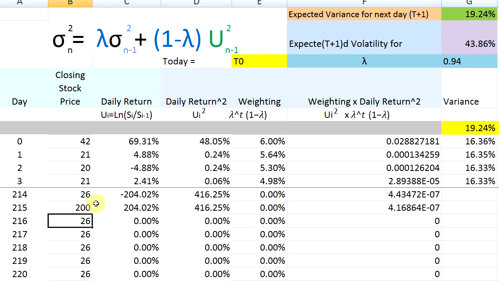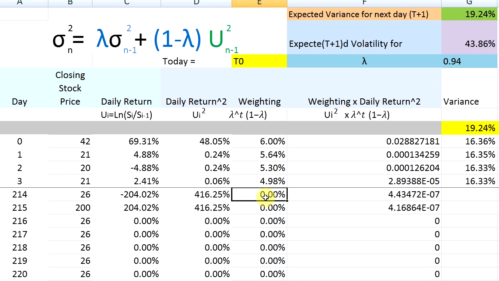So you can see from 200 it has dropped to 26. That means the price dropped by almost 200%. So from 26 to 200, that's a 200% jump, and then it has dropped by another 200%. So the squared returns are 400%, but you can see the weighting is 0.